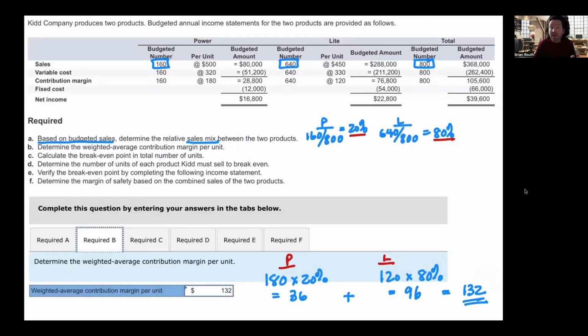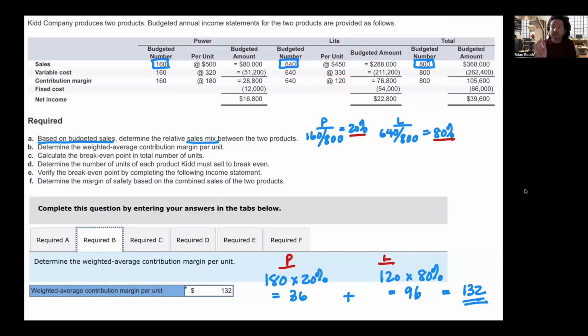20% power, 80% light. The next part of this problem was to determine the weighted average contribution margin per unit. We're told that the contribution margin per unit for power is $180, and the contribution margin per light is $120 per unit.